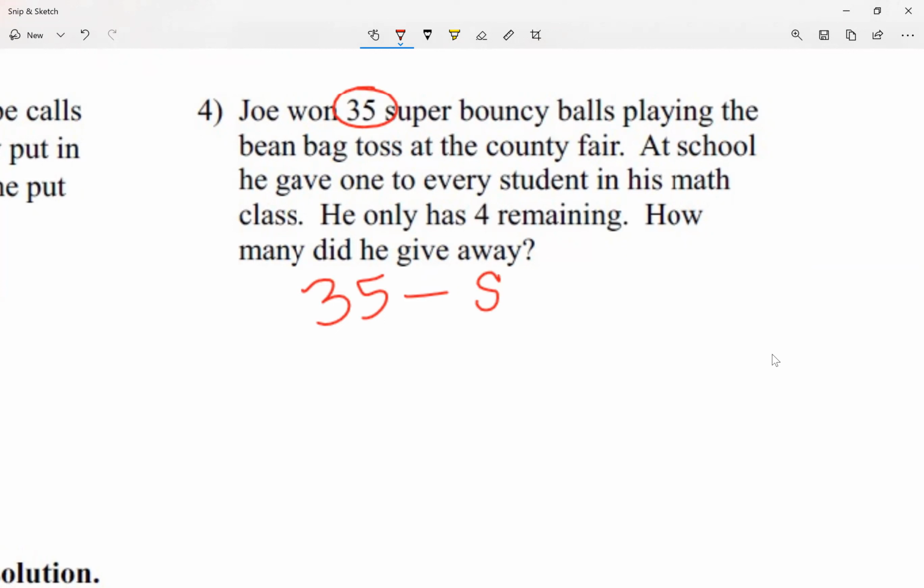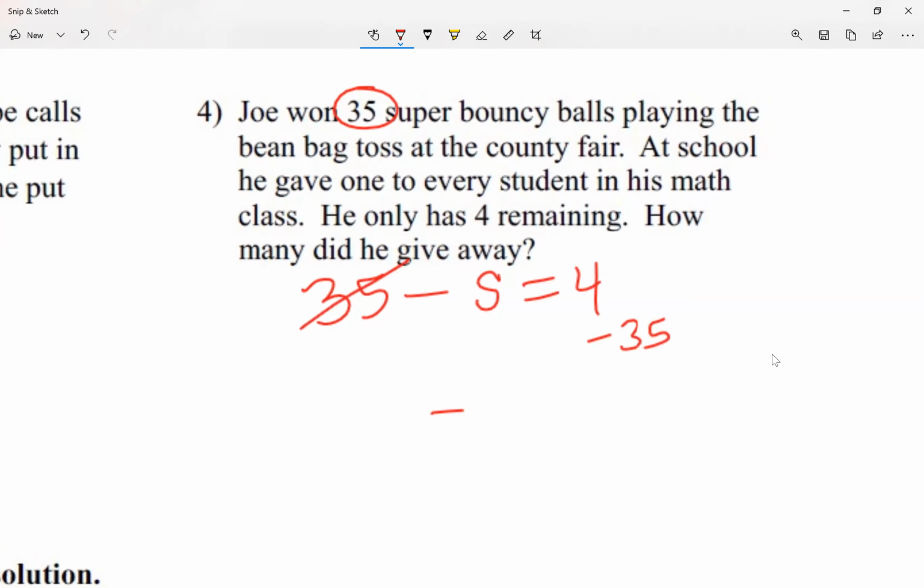Because he gave 1 to every student, so if there were 5 students, he gave 5 away. If there were 6 students, he gave 6 away. There were S many students. I don't know how many there are, so S. And then this is equal to 4. So 35 minus how many he gave away. Now my 35, let me move it to the other side as a minus 35.